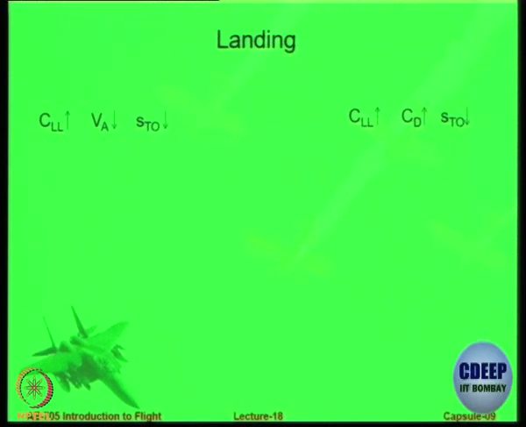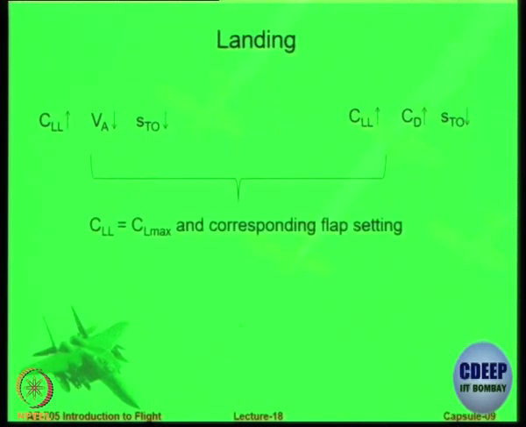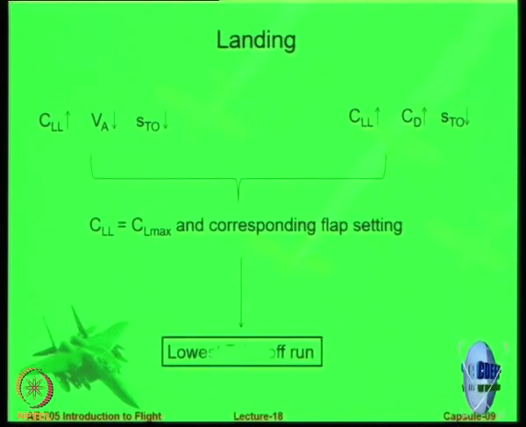So what we will do, we will go for maximum possible in this case. Maximum possible means largest value, because the largest value of CL will give you both lower approach speed as well as higher drag.